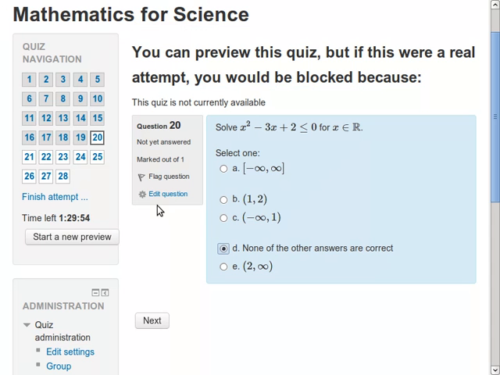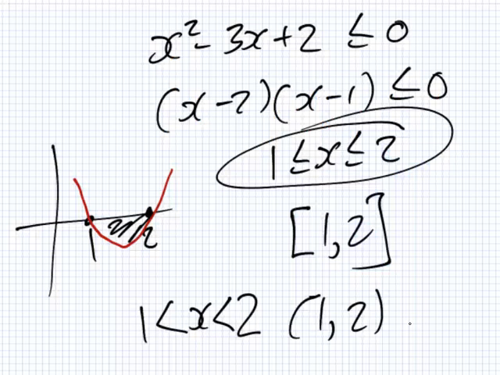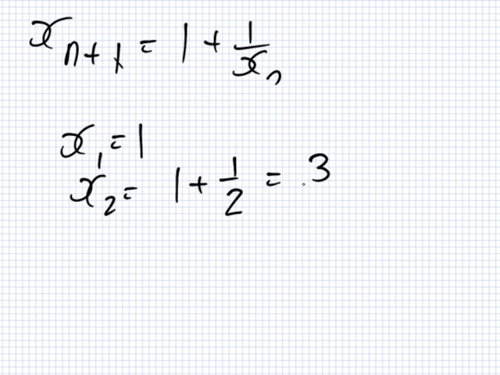Okay, next. What's the fifth term here? Okay, so fifth term. We have xn plus 1 equals 1 plus 1 over xn, and I tell you to start with 1. So the second term would be 1 plus 1 over 1, which equals 2.